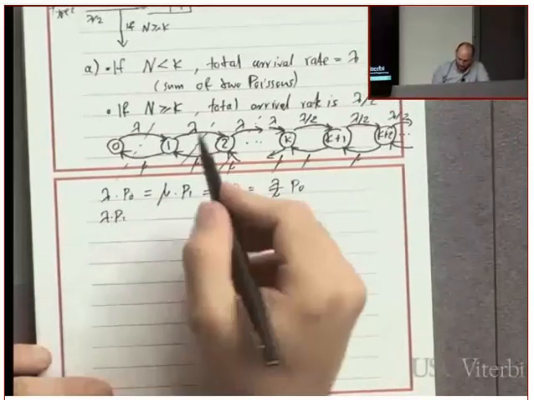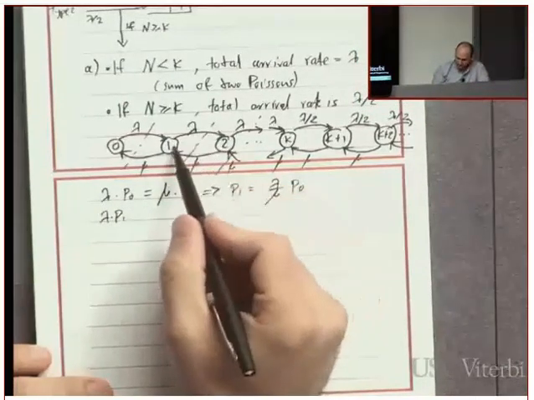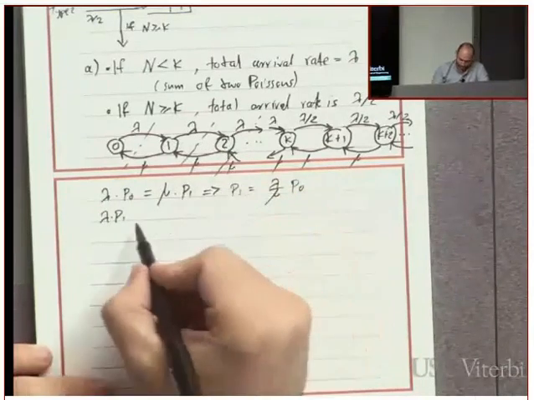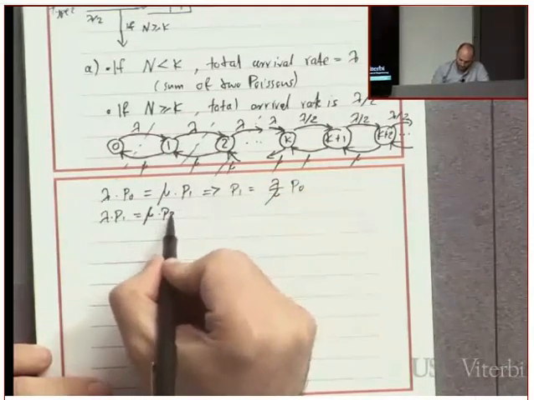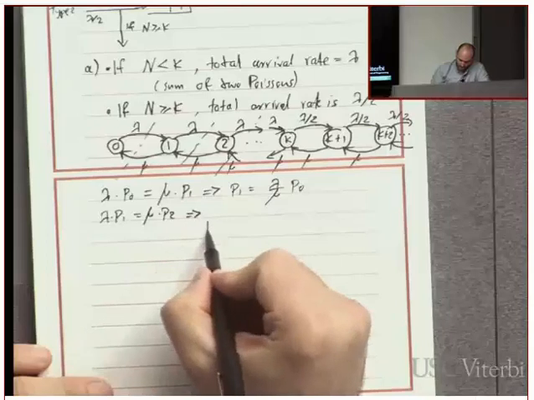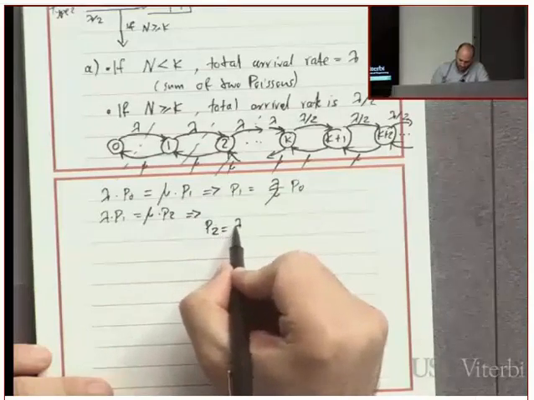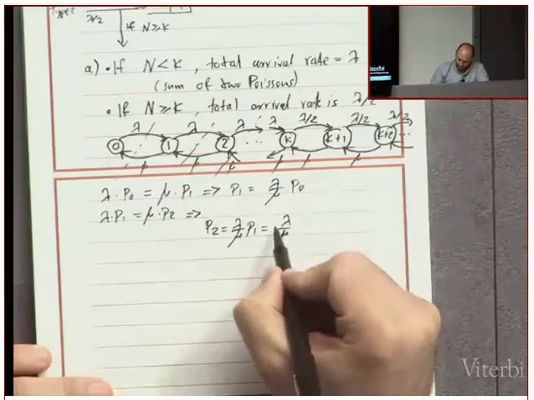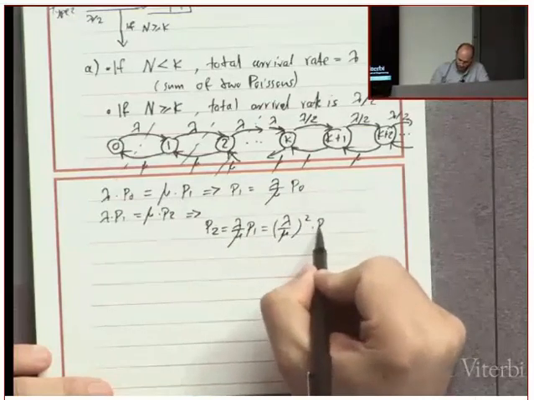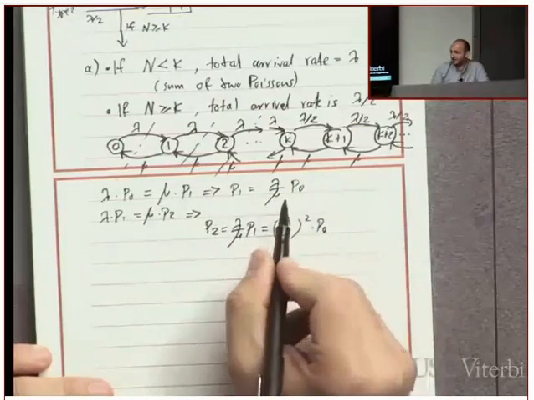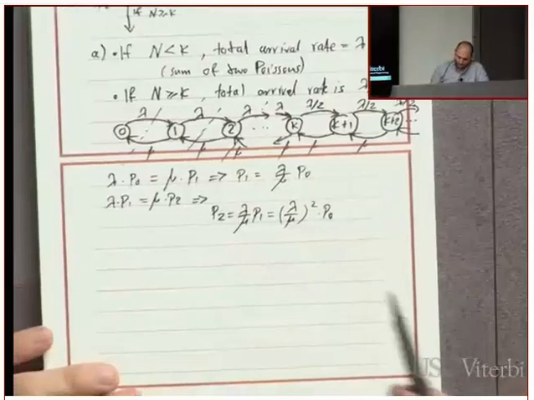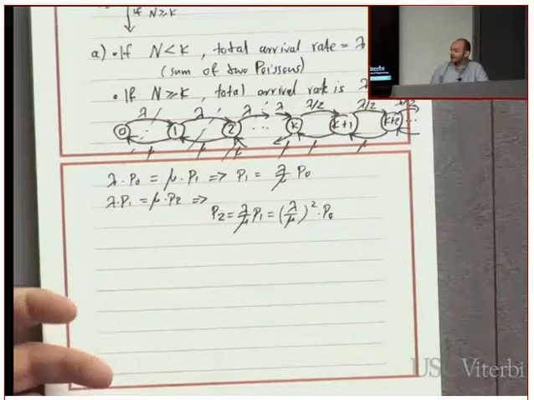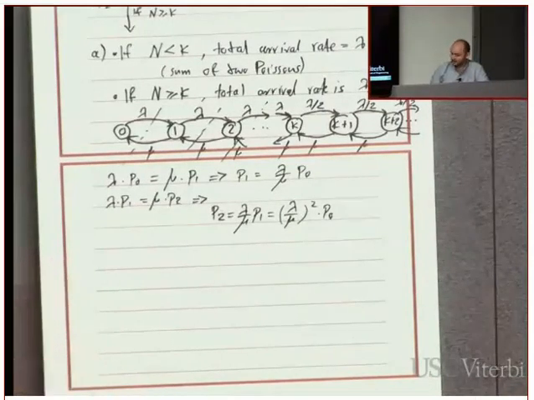Lambda times P1 from this cut here, lambda times P1 is equal to mu times P2, and this gives P2 is equal to lambda over mu P1, which is equal to lambda over mu squared P0 if we use this result here. So we can now guess the generic formula, at least until state k.